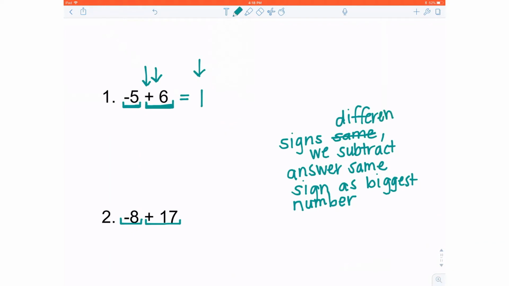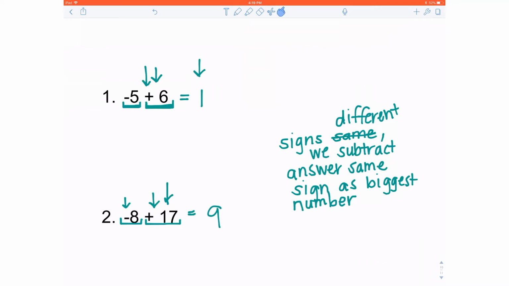I apologize. So if the signs are different, we subtract. The answer has the same sign as the biggest number. So here we have a negative and we have a positive, which means this rule applies. So we're going to subtract them. Well, what's 17 minus 8? 17 minus 8 is 9. We have a negative and a positive. Now, the answer will have the same sign as the biggest number. The biggest number is 17, which means our answer will be positive as well.